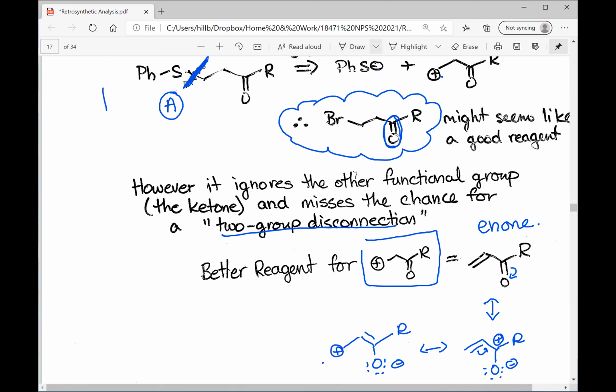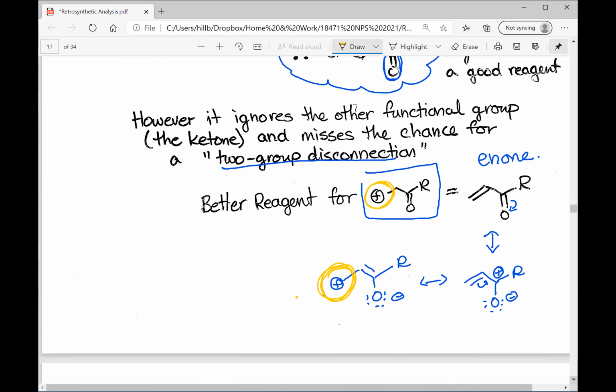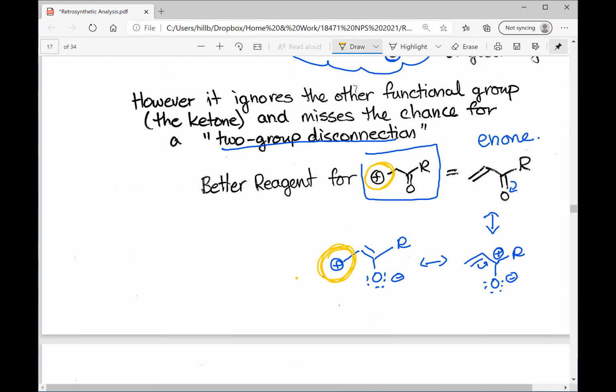And so the positive charge here is right on the carbon, which we wanted for our idealized reagent. And so this reaction is what we would call a 1,4 addition. So basically 1, 2, 3, 4. So we're attacking this position 4, so 1,4 addition. The other name for 1,4 addition is sometimes called Michael addition.